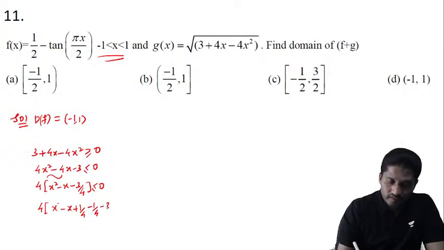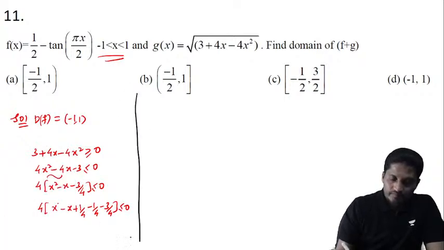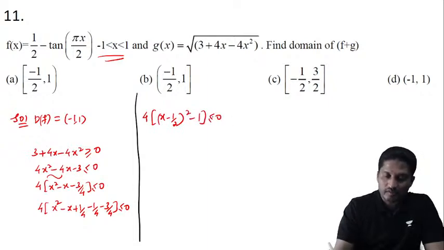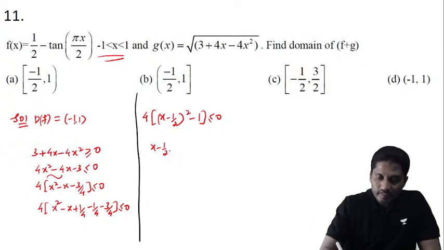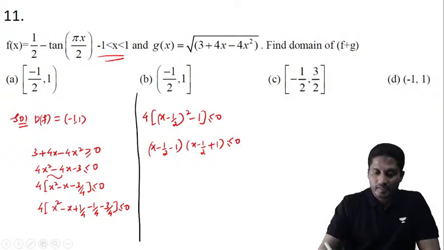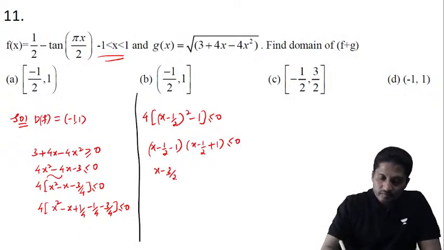Minus 1 by 4 minus 3 by 4 is less than or equal to 0. Okay, so this is equal to 4 times (x minus half) the whole square minus 1 is less than or equal to 0. This can be written, 4 is a constant, exclude. This is (x minus half minus 1) into (x minus half plus 1). a square minus b square is (a minus b) into (a plus b). (x minus 3 by 2) into (x plus 1 by 2) less than or equal to 0.